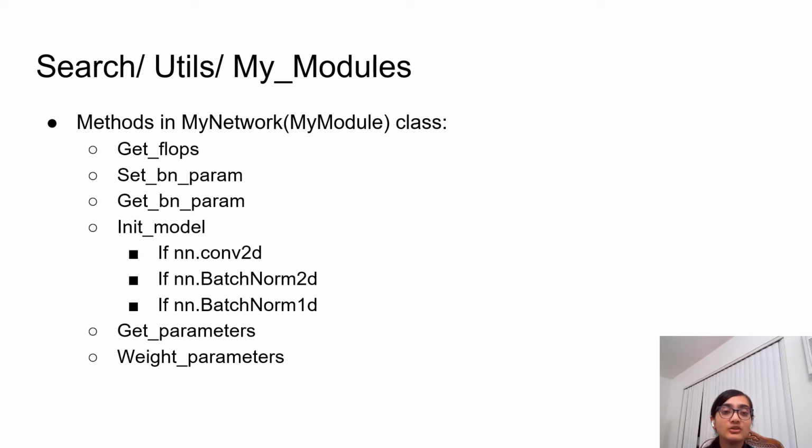Based on these three conditions, it will build its network for the particular module. Get parameters will get the parameters based on the real value weighted paths. It will transform the real value weighted paths into binarized paths and get those parameters. Weight parameters are the mixed operations, that are the sum of the weight of n primitive operations.